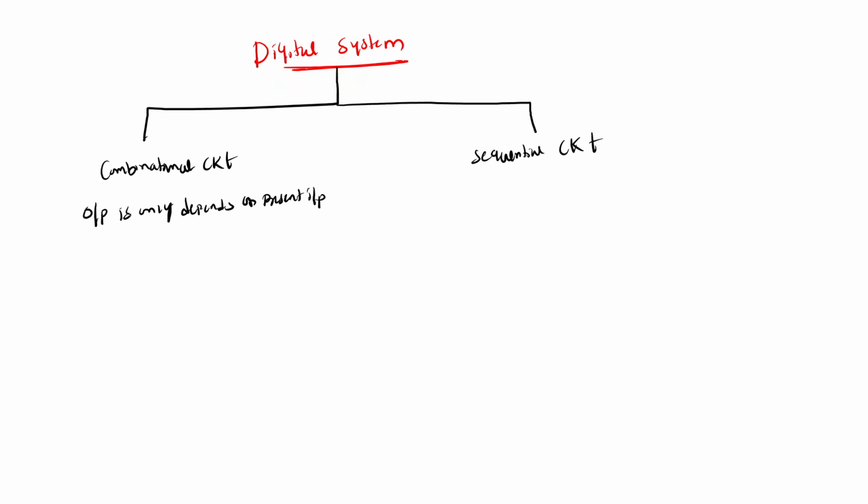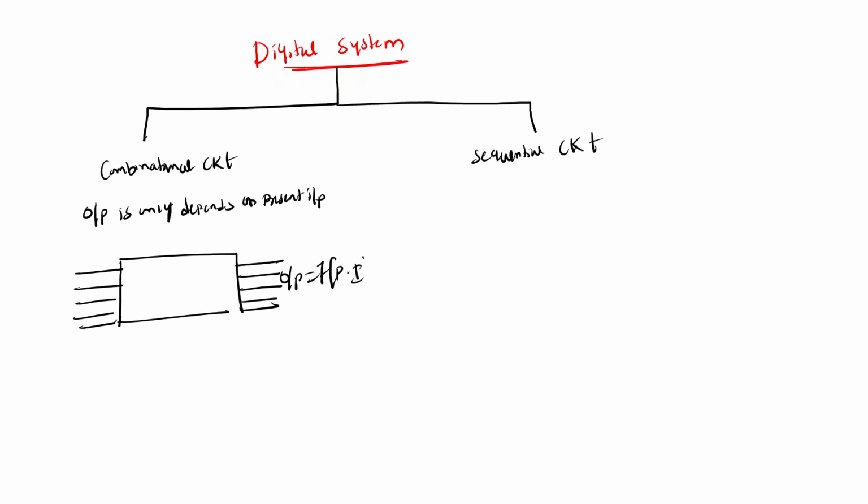Suppose you consider this a combinational circuit. Whatever inputs you are giving, you are getting the output. So the output is a function of only the present input. This is nothing but a combinational circuit.